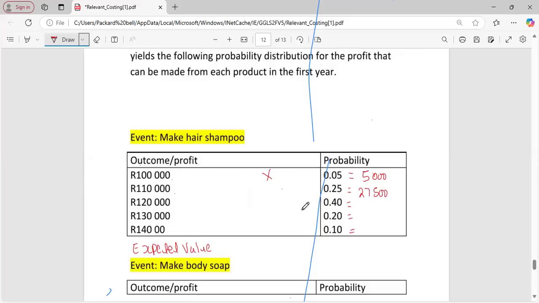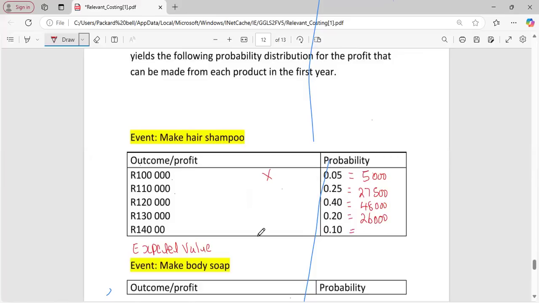The third one is 120 and 48,000. Am I right? Then $26,000.